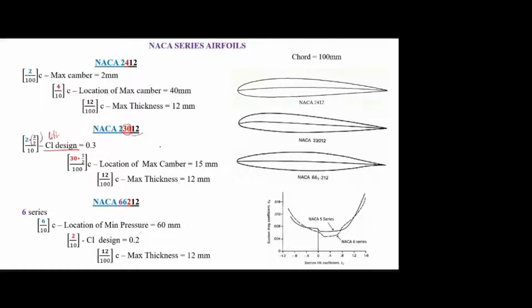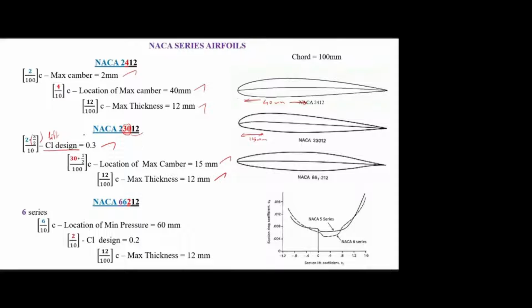If you compare the 4 and 5 series, the last two digits are the maximum thickness, and before that we have the location of maximum camber. Only this varies: here it is maximum camber, here it is CL design. Here the location of maximum camber is 15 mm, whereas for the 4 series it was at 40 mm. Both have the same thickness, 12 mm.